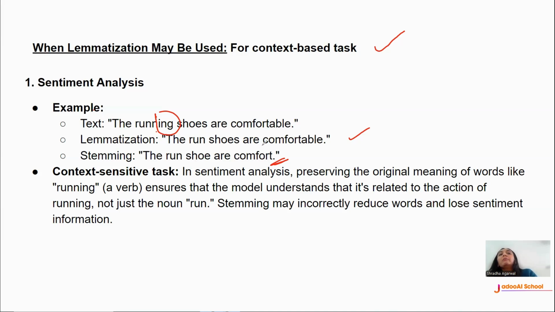But if you're doing a very precise classification, you need lemmatization. They say stemming may incorrectly reduce words and lose sentiment information. This is a way to understand stemming and lemmatization, because this is very commonly done to speed up the computation, right? Okay, very good.